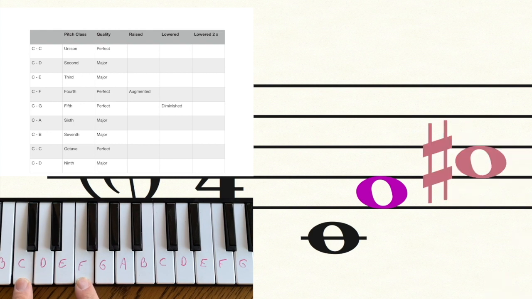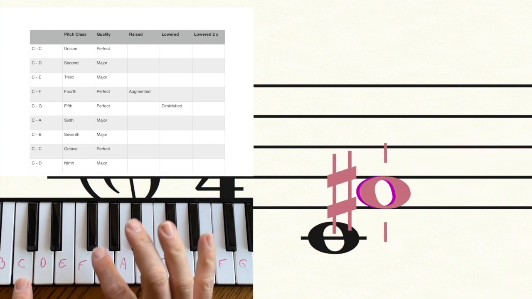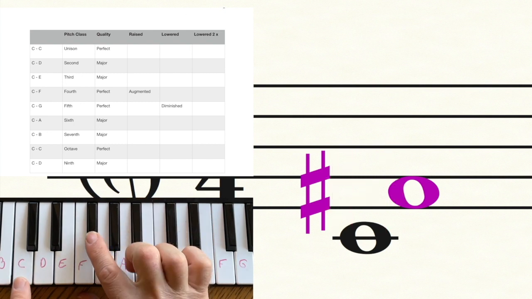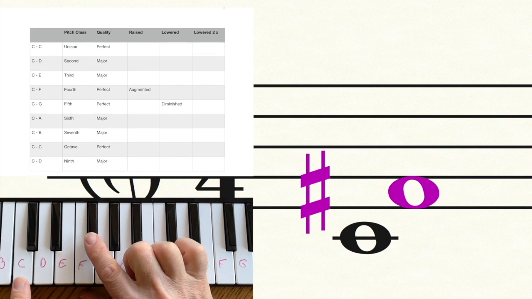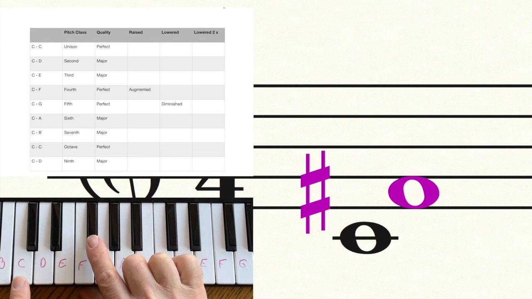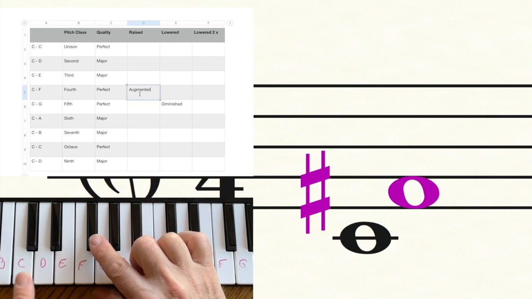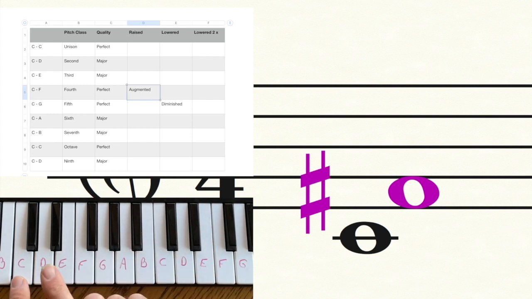So now if I raise that fourth, it's now called an augmented fourth. F sharp. So C, D, E, F, 1, 2, 3, 4. So it's a fourth. But when we raised that F to an F sharp, it's now called an augmented fourth.